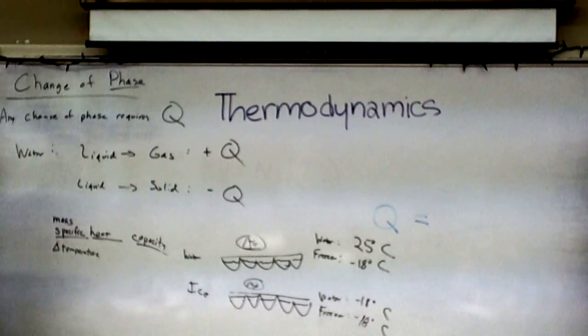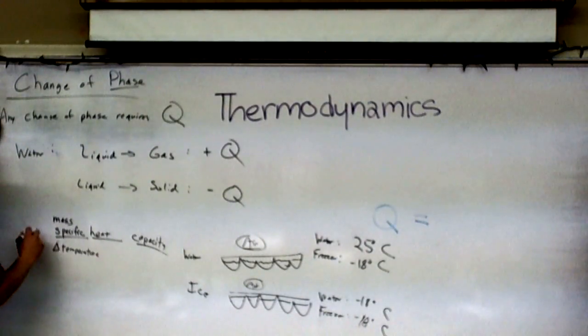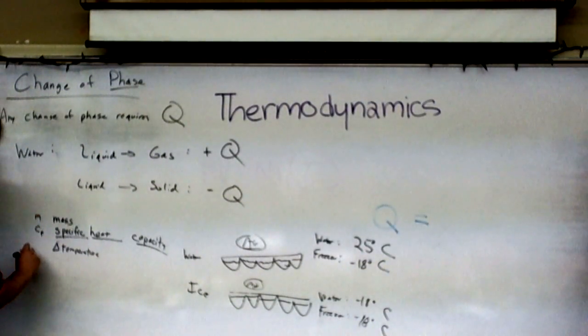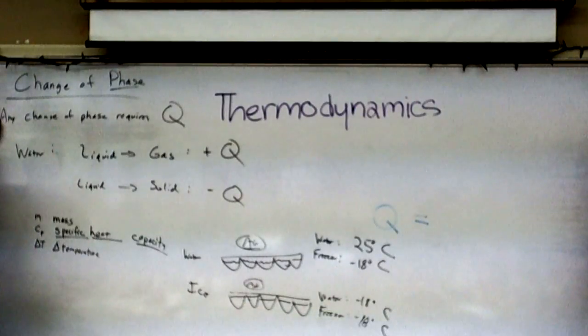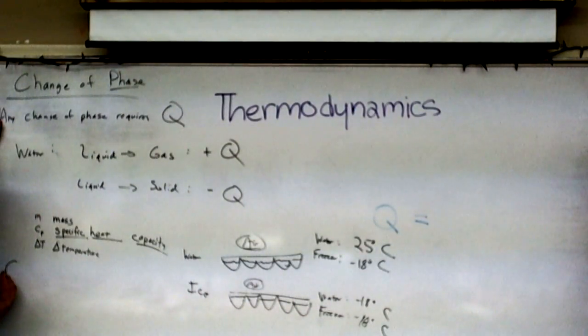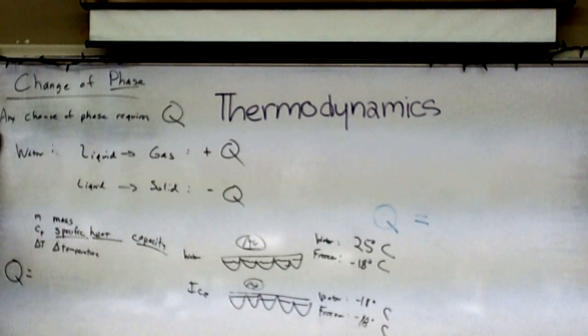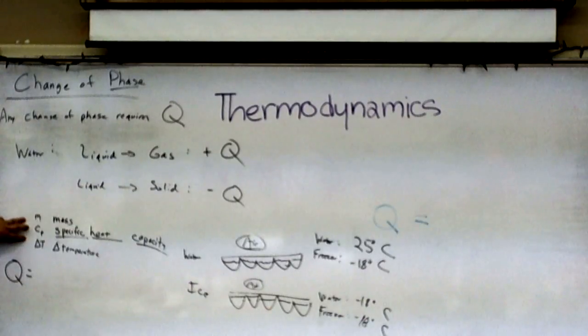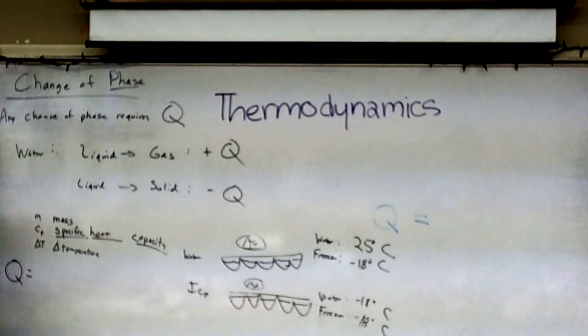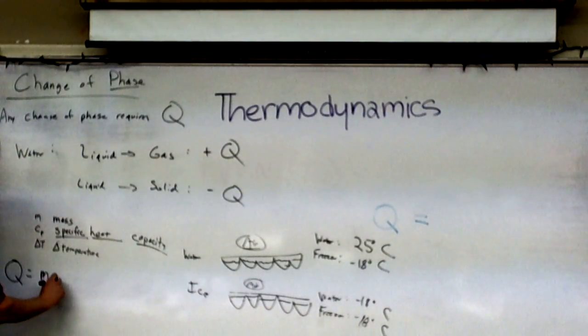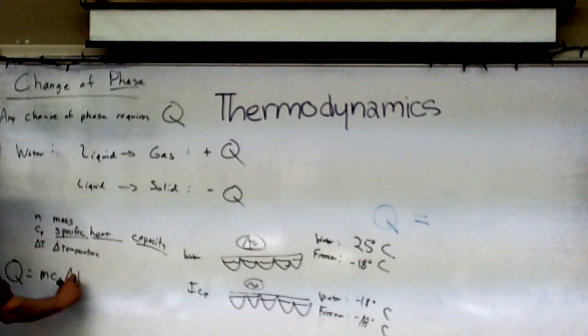We usually just call it specific heat. But water's specific heat is very high. It is one of the highest of the substances that we will work with on a regular basis. So heat transfer is dependent on these three things, right? That becomes our equation. All right, now flip to page 372.